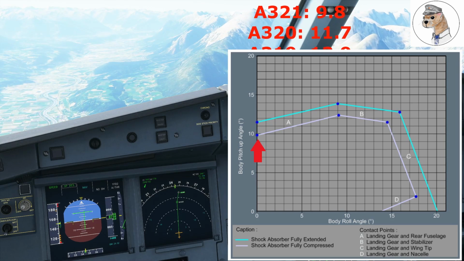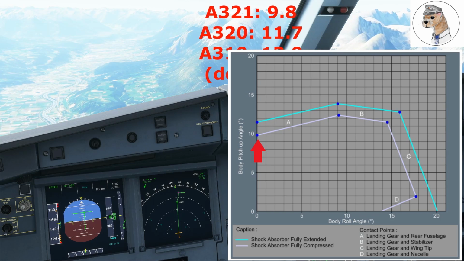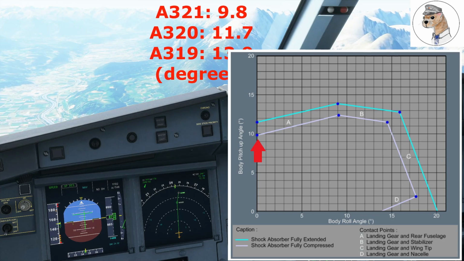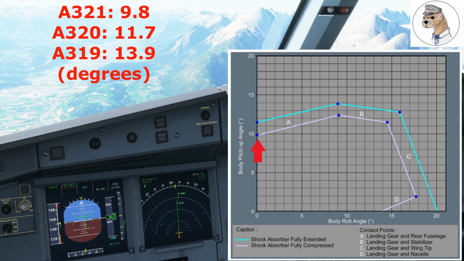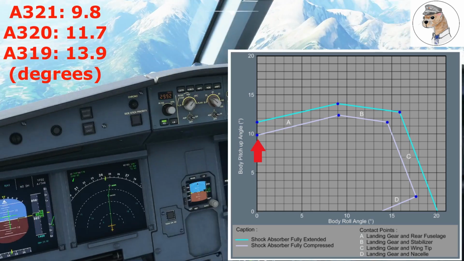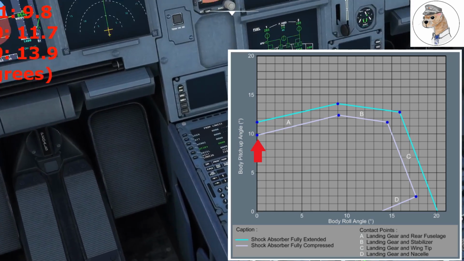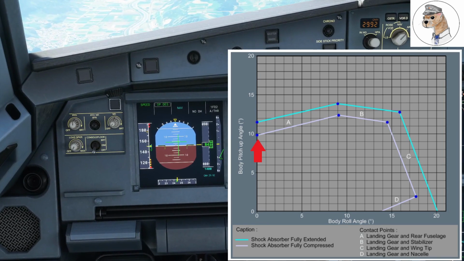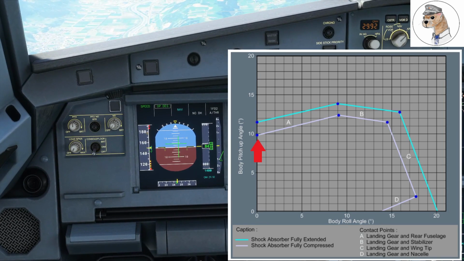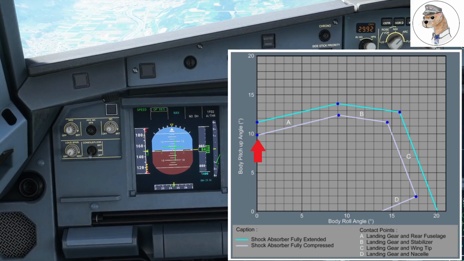The 320 can go to 11.7 degrees nose up, and the 319 can go all the way up to 13.9 degrees pitch up. Although, if you can see on these diagrams, if you bank about 8 degrees left or right, we can actually pitch the aircraft a little higher up. Not that we ever do that. We are always very careful to keep the pitch on landing under control.